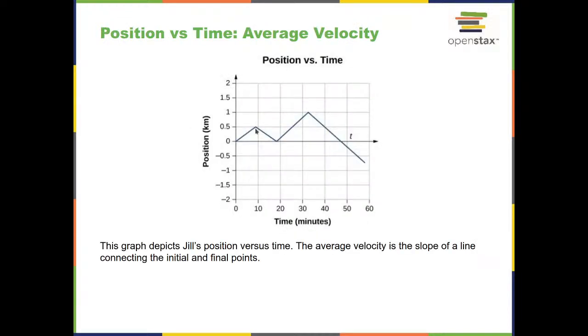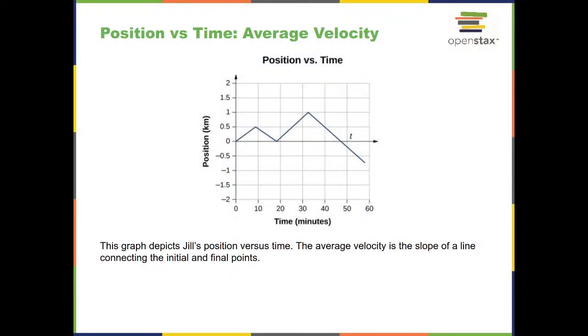So that will give us, if we take the difference in position, or in other words, the displacement, and divide that by the elapsed time for that interval, that will give us the average velocity. So that will be one thing that we'll want to determine, is the average velocity.